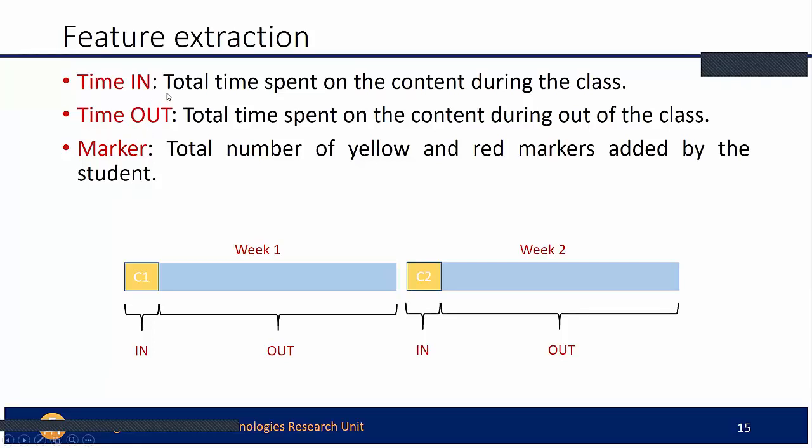Time in means total time spent on the content during the class, because this was a 2-week experiment, and sometimes they use it inside the class, but other times they use the book roll, this eBook system, outside of the class. That's why we separate these logs as time in and time out. And we also measure how many markers they put while they are reading the content.